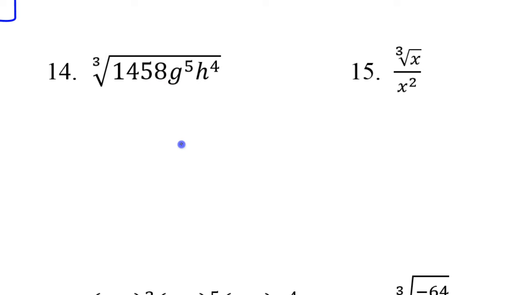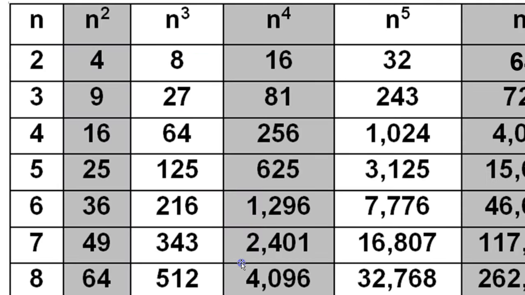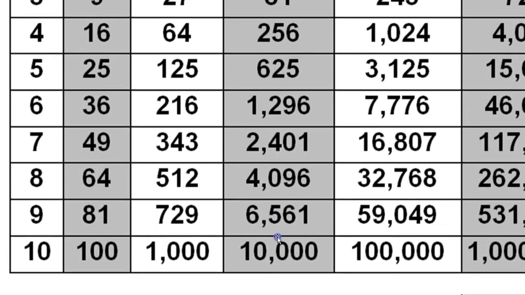All right, this one's going to take a little bit more work, a little bit more preparation. Right, because these things are not perfect cubes, so I'm going to separate them into things that are perfect cubes and things that are not perfect cubes. So let's start with 1,458. Is that on the chart? No, it is not.